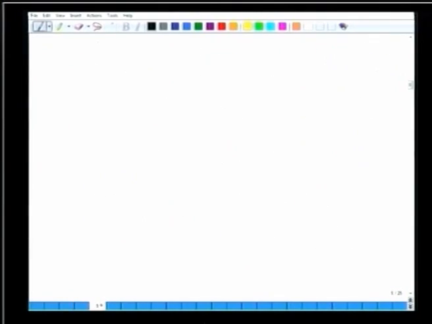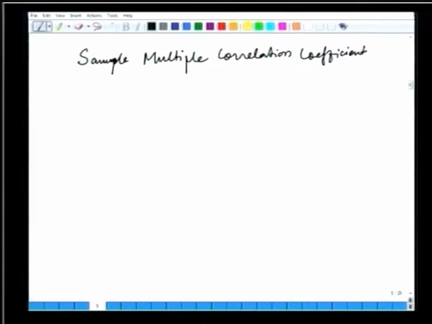Okay. So, let us now talk about the sample correlation coefficient. If you have a random sample of multivariate data, how do we calculate the sample multiple correlation coefficient? So now what we have is a random sample of size n, say, of multivariate data.